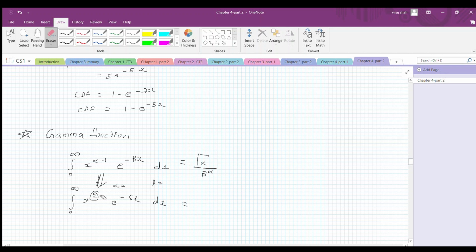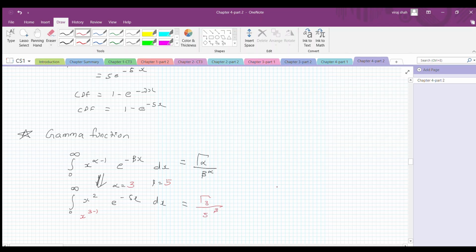So basically I can write 2 as 3 minus 1. Okay, take care about this. So now my alpha is 3. Do not directly jump to the conclusion and write alpha is 2. And beta is the same, so beta is nothing but 5. So this would be nothing but gamma of 3 upon 5 raised to 3.